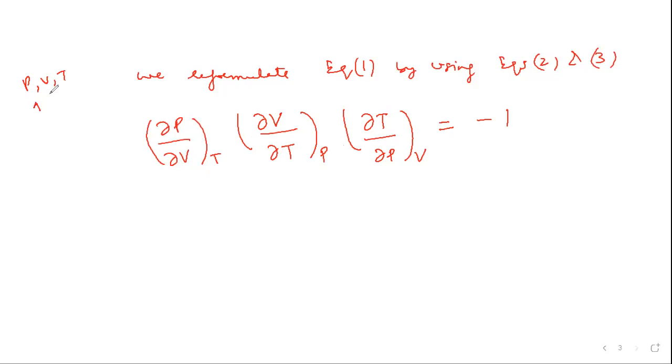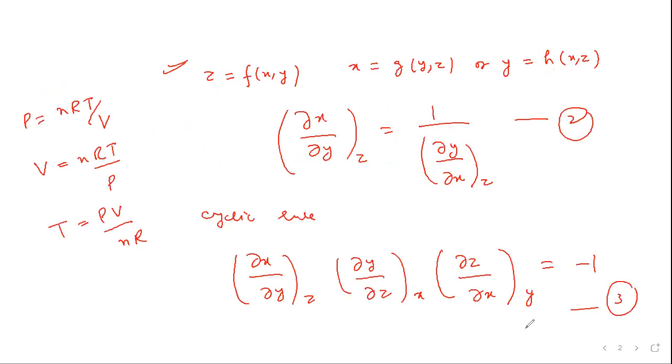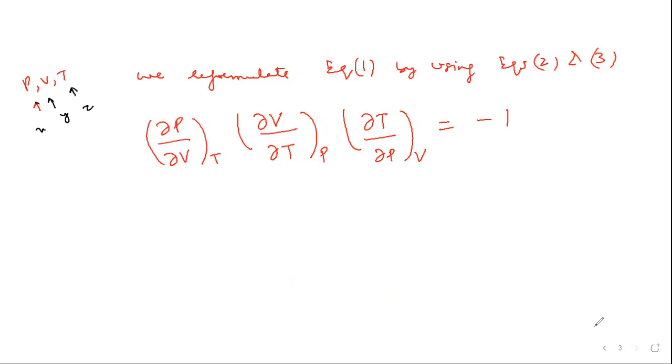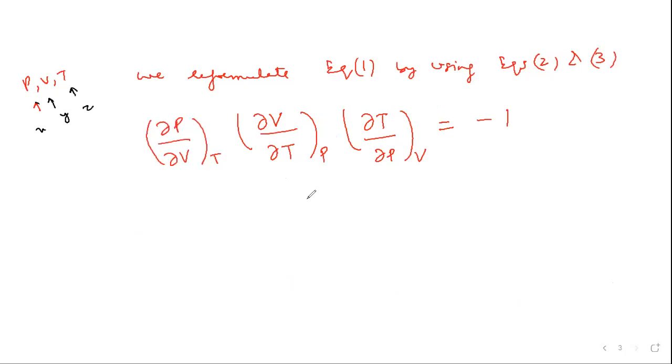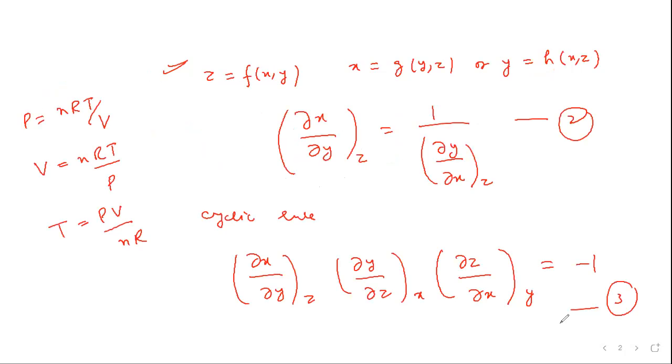PVT: P corresponds to X, V corresponds to Y, and T corresponds to Z. So here you have PVT, then you have YZX, YZX, here you have VTP, then you have ZXY, you have TPV, right?